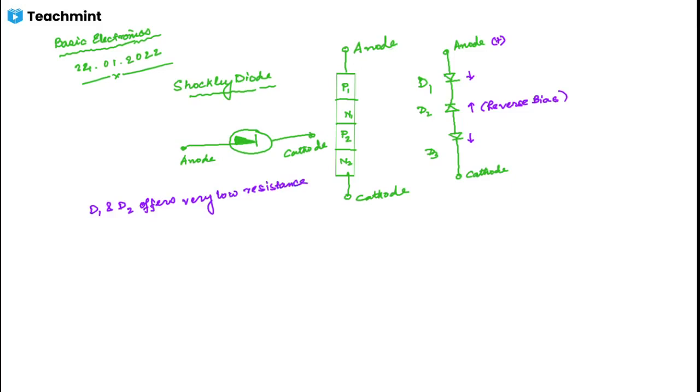So as D1 and D3 offer very low resistance, the entire applied voltage appears as reverse voltage across D2.